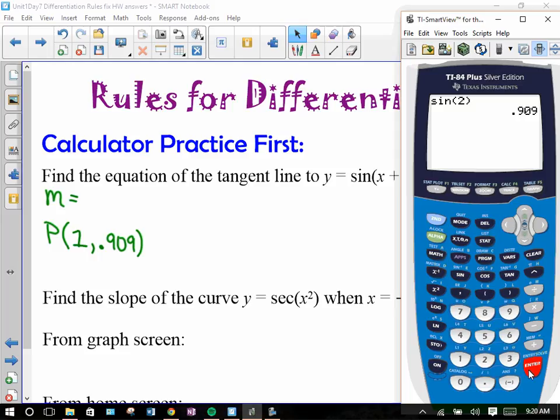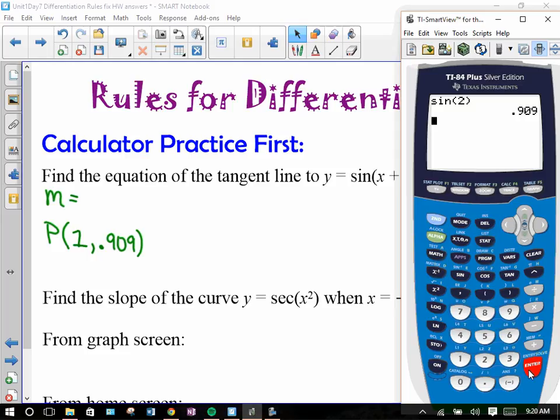Now we need to find the slope. We talked about how the slope is found by finding the derivative at a certain point. We can do that in my calculator, because right now you don't know how to find the derivative of sine.